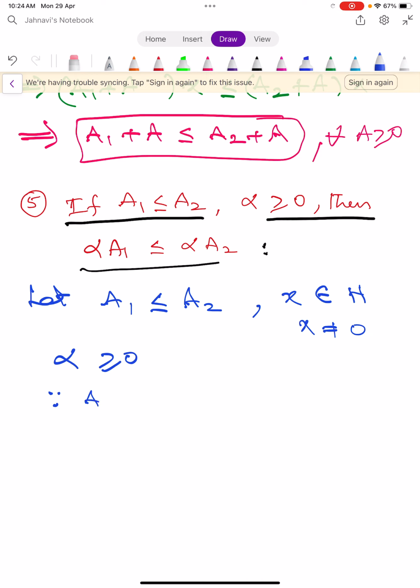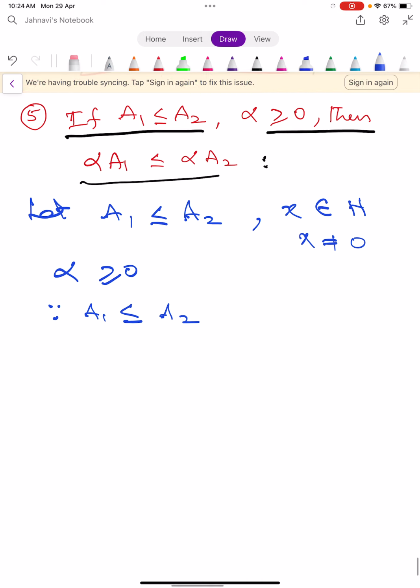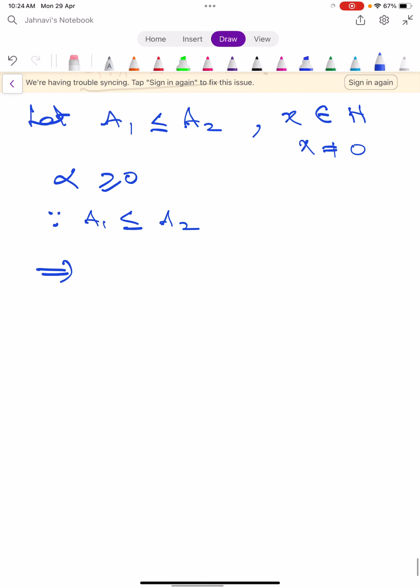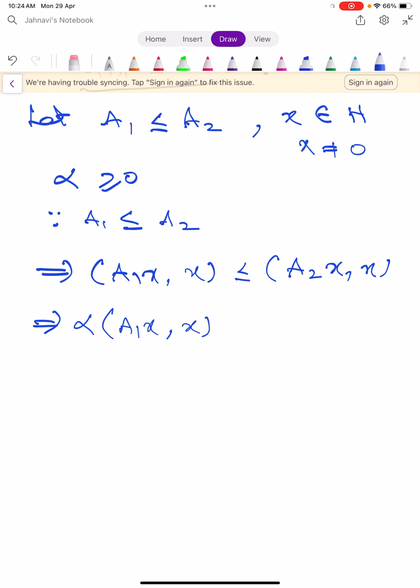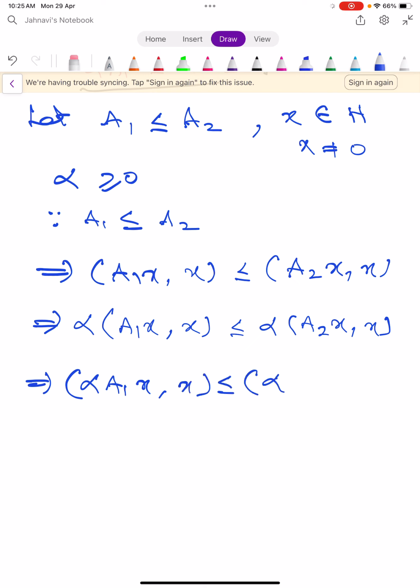Now since a1 less than or equals to a2, it implies inner product of a1x comma x is less than or equals to inner product of a2x comma x. Now multiply on both sides with alpha. Alpha into inner product of a1x comma x is less than or equals to alpha into inner product of a2x comma x, which implies inner product of alpha a1x comma x less than or equals to inner product of alpha a2x comma x.